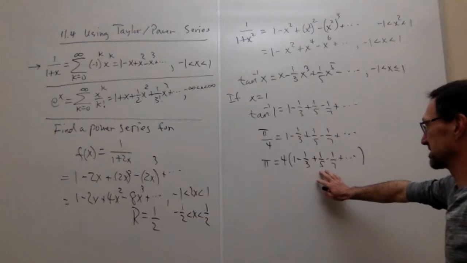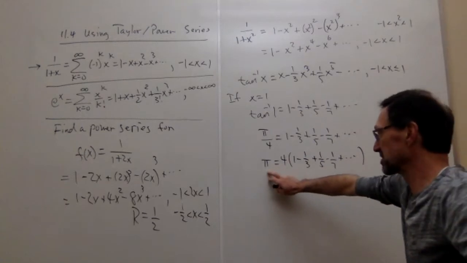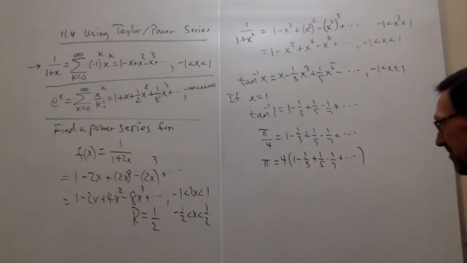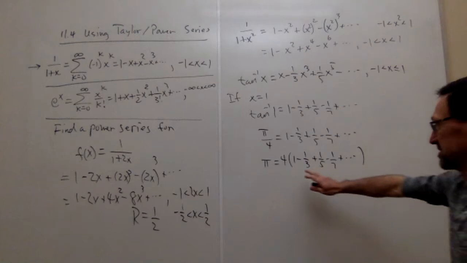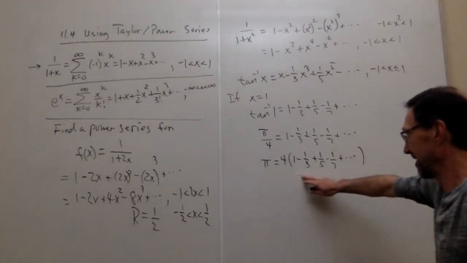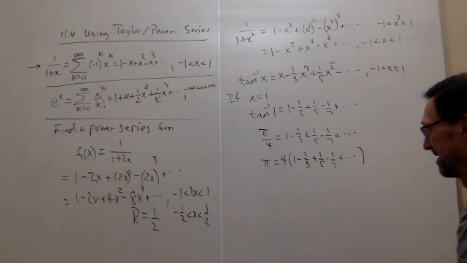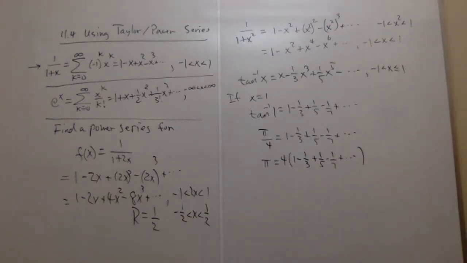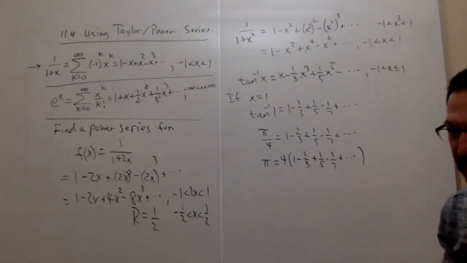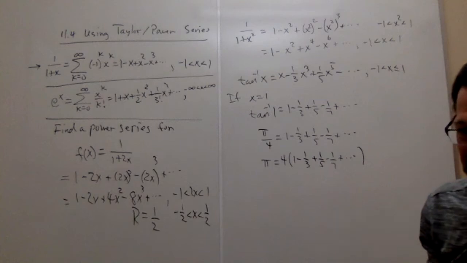So we can use this infinite series to get as close to pi as we want. If you want 1,000 digits, you just need to include enough terms here. And notice all we have to do over here is simple arithmetic. Add, subtract, and divide. That's it. Now, it turns out that this series converges to pi fairly slowly.